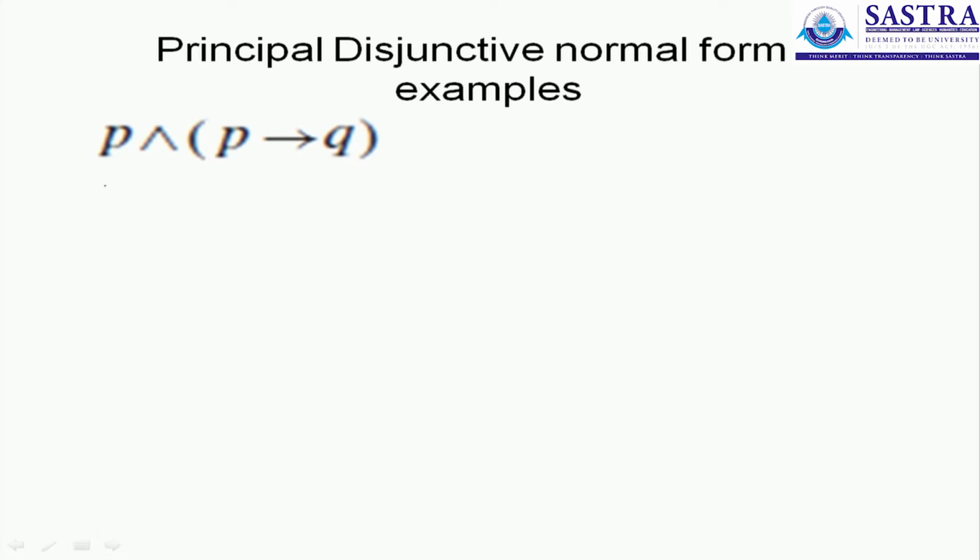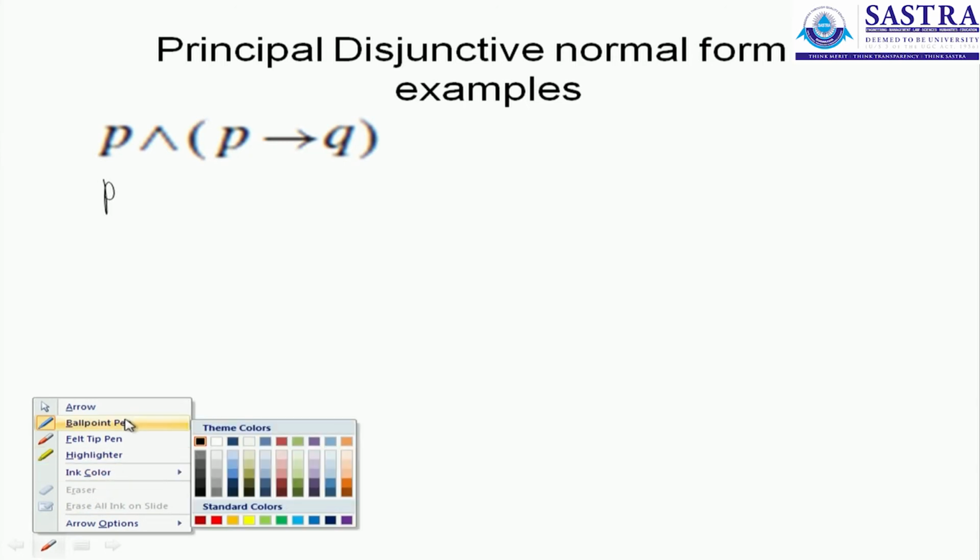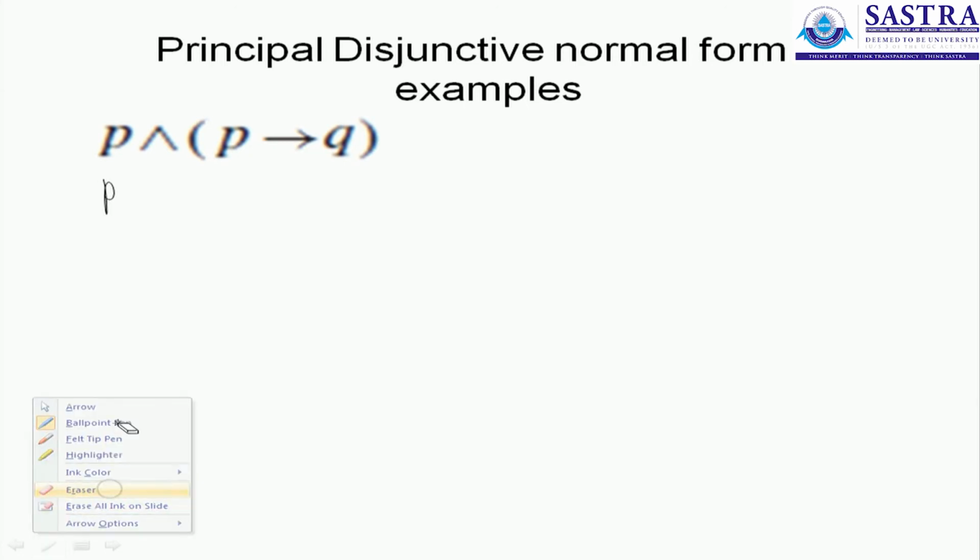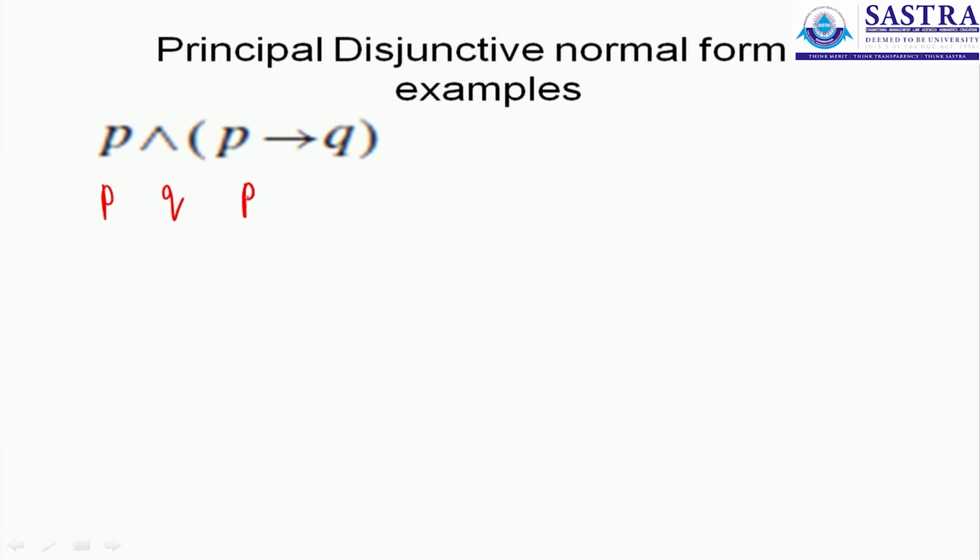It will have only 4 rows, and that's not much trouble for us. And those 4 rows, all of you must have got comfortable with this so far. You can write down all 4 rows easily.